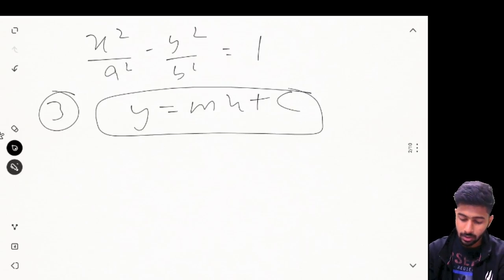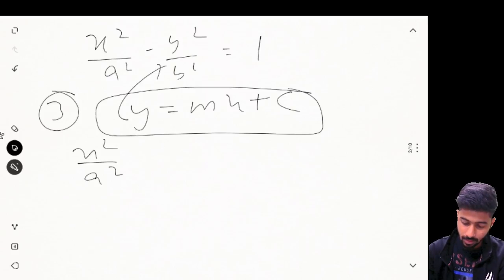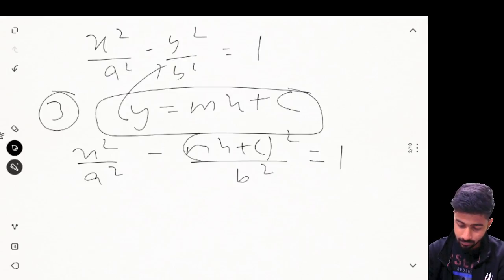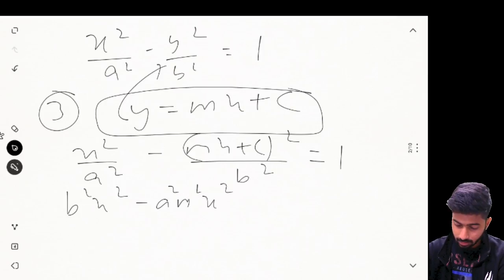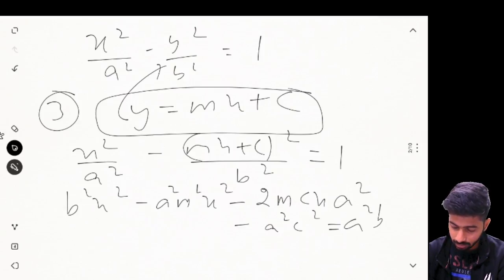So what I'll do is I'll substitute y in this equation. So I have x square by a square minus (mx plus c) whole square by b square is equal to 1. So I have b square x square minus a square m square x square minus 2mcx a square minus a square c square is equal to a square b square.